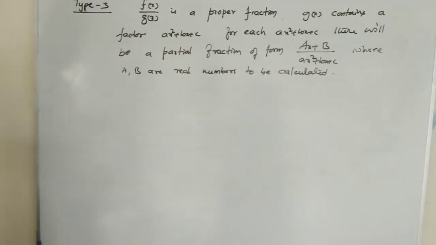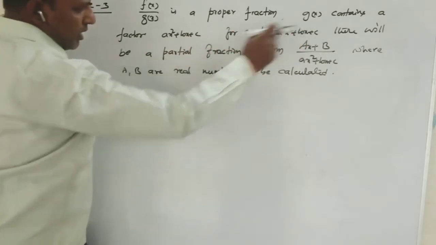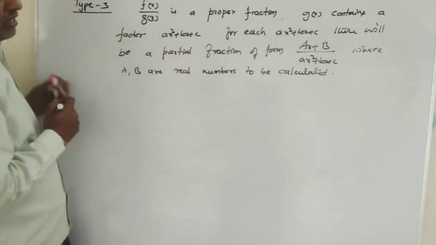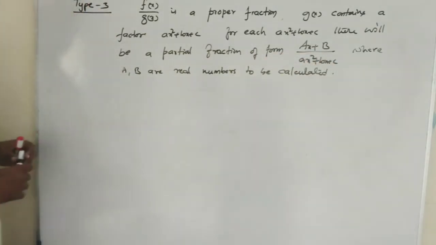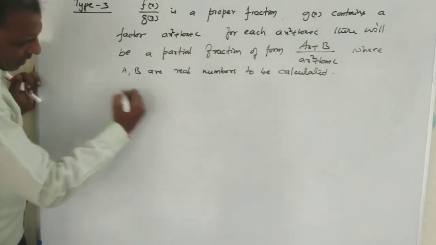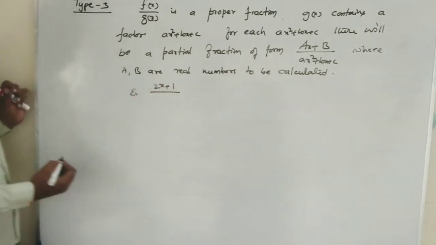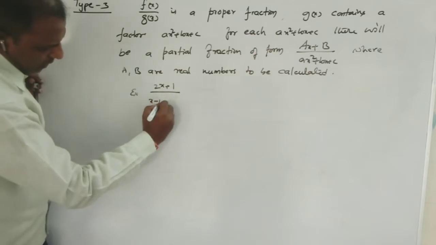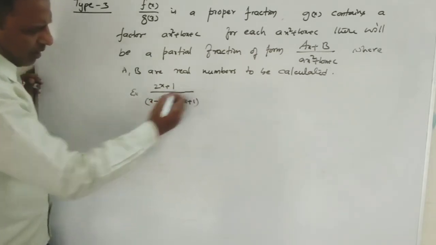F of x by g of x is a proper fraction. G of x contains a factor ax square plus bx plus c. For each ax square plus bx plus c, there will be a partial fraction of the form ax plus b by ax square plus bx plus c, where a, b are real numbers to be calculated. For example, 2x plus 1 by x minus 1 into x square plus x plus 1.